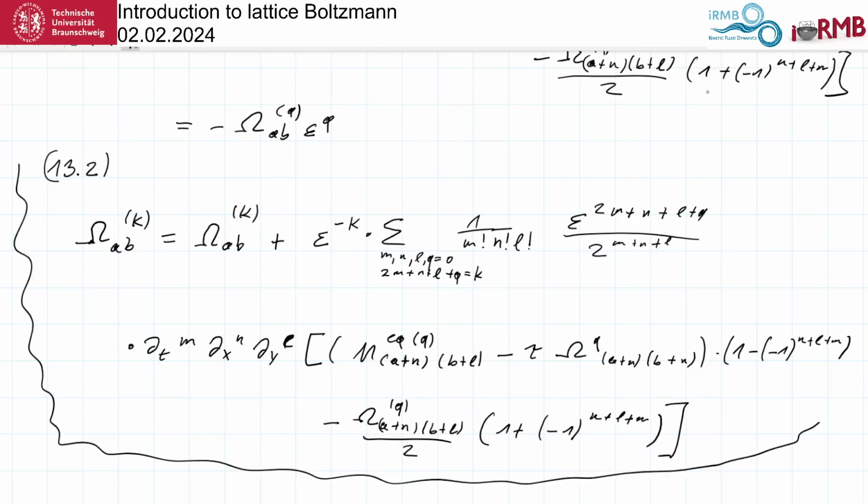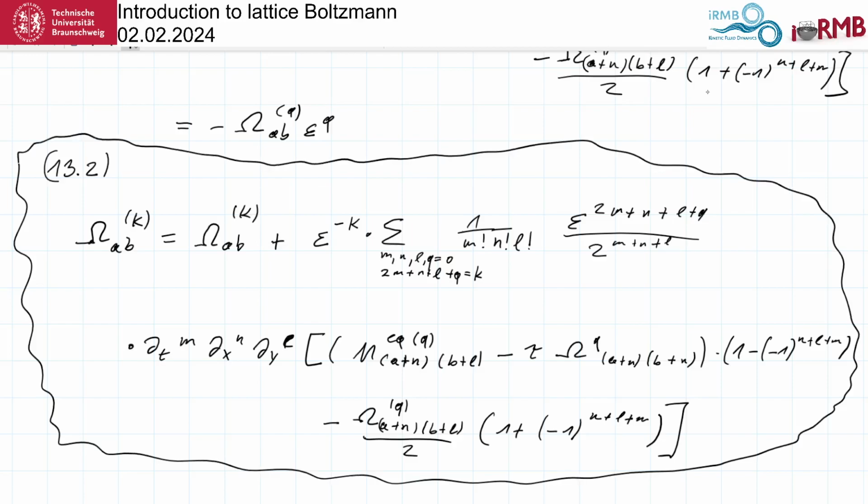Now, the thing is the following. You can automate this, obviously. With this, you can compute what the omega AB is, so you get an equation for omega AB at a given k. So you can program this, and you ask the computer what is omega AB to the order of k.